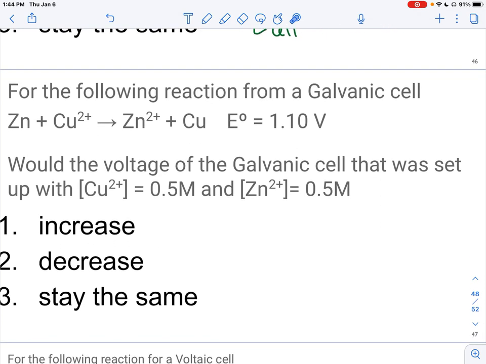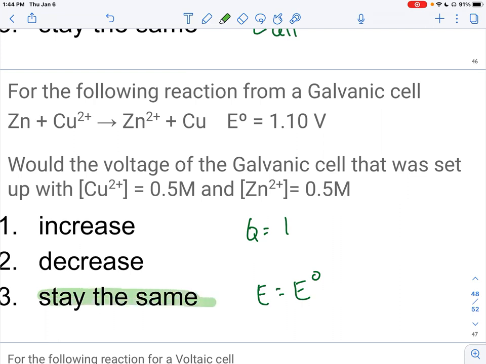If they're not 1 molar, but the same molarity, then Q would equal 1. When Q equals 1, log of Q is 0, so E equals E naught. So it will stay the same.